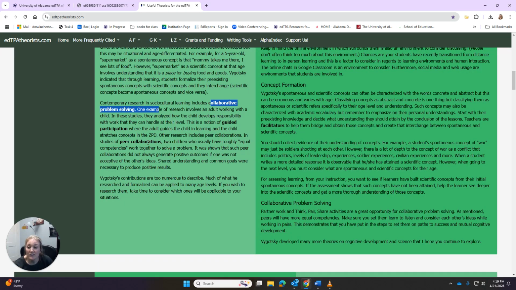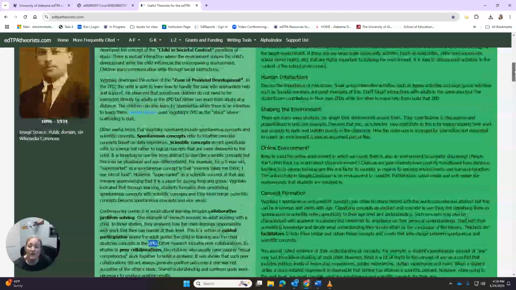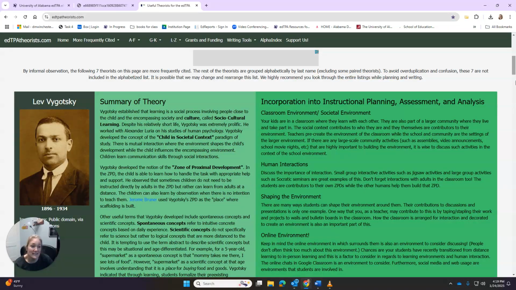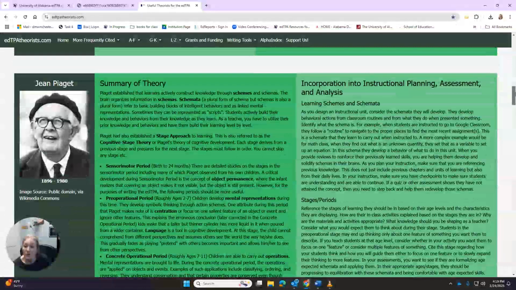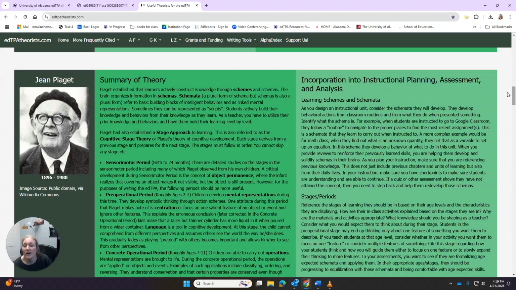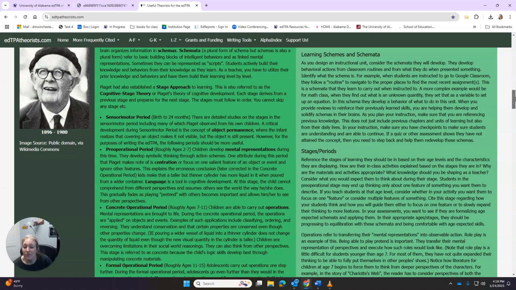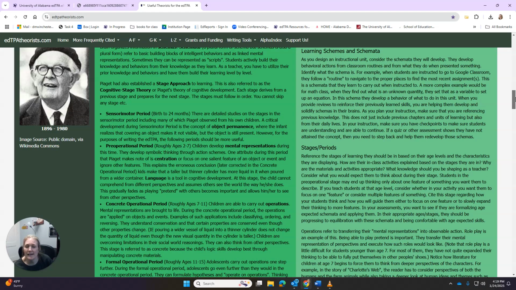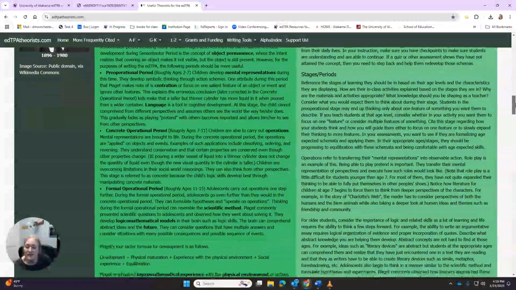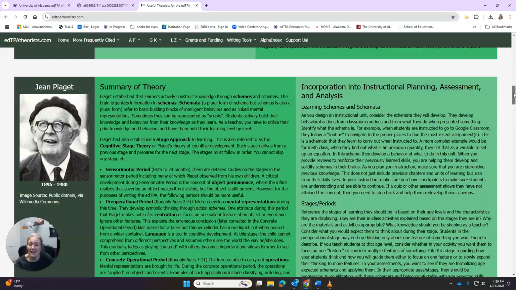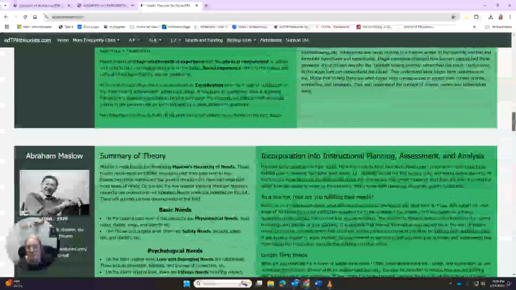Are you using peer collaboration? Are you using zone of proximal development? All of those things are going to go straight back to Vygotsky. So if you're using any of these, you can talk about why Vygotsky said it was important. If you are using schemas, or anything with the imaginary play and that pre-operational stage, then your Piaget is going to be your person that you're talking about.